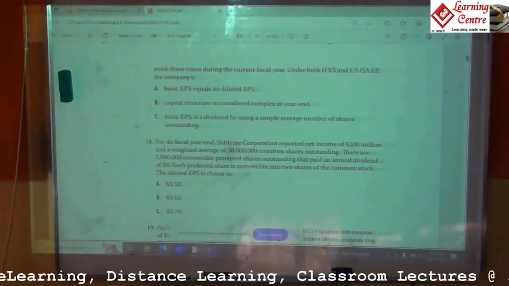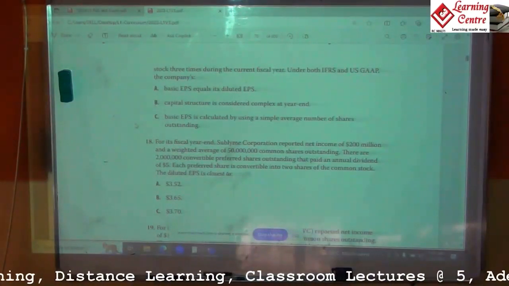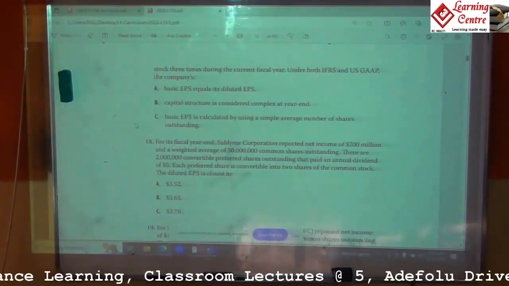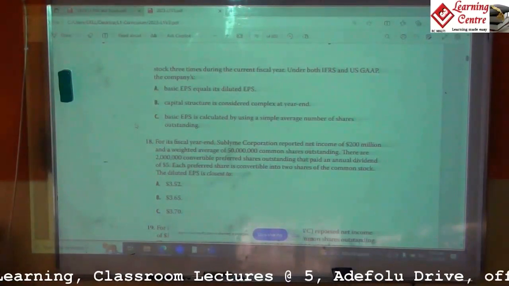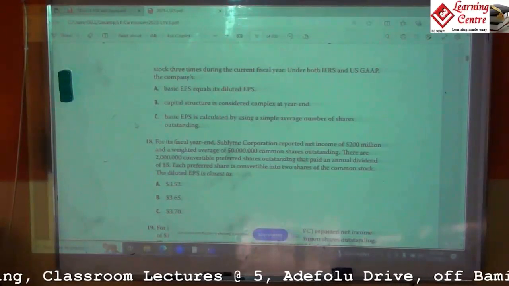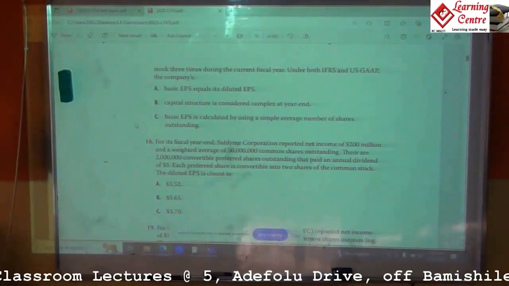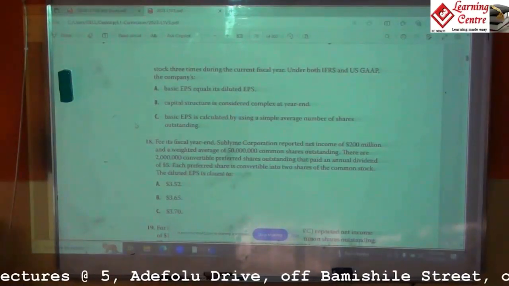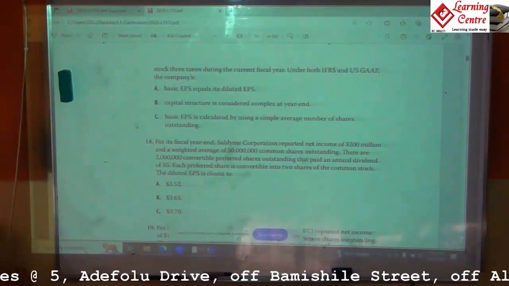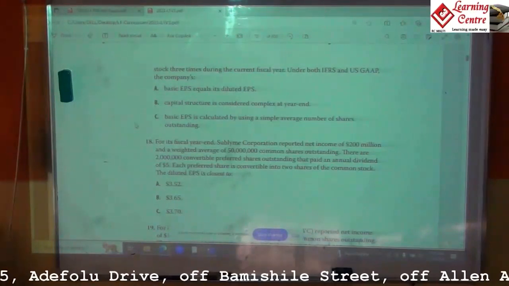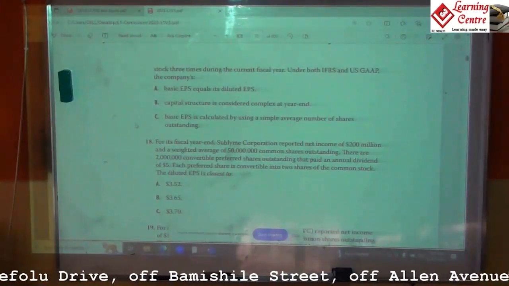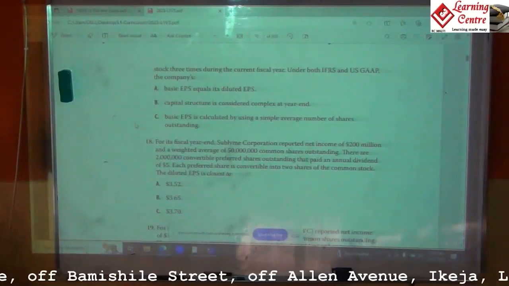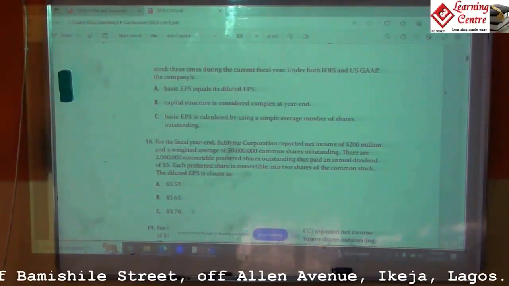So it's 200 million divided by 50 million plus 4 million. What do we have? 3.7. So that's our diluted earnings per share. Is that clear to everybody? Are we fine? So let's go.